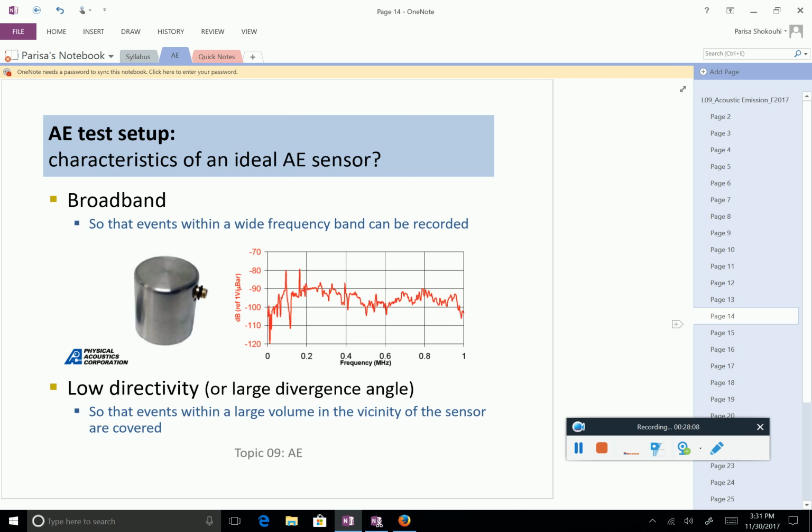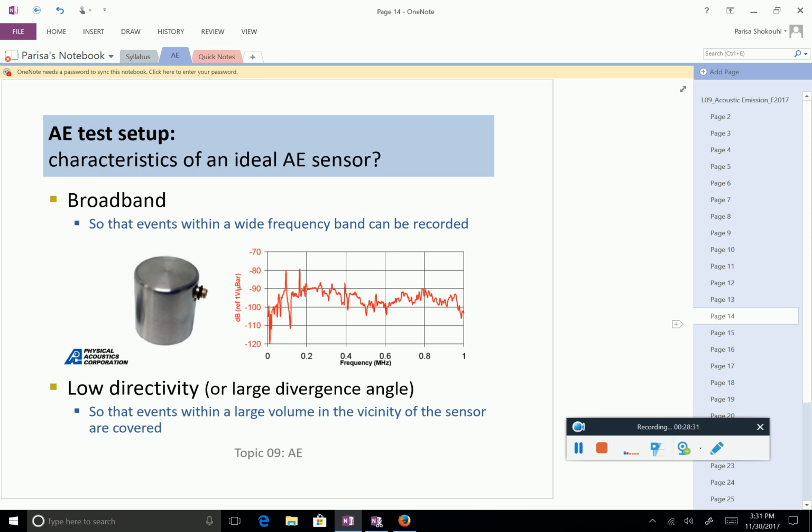The reason is you don't know the frequency content of the events that you may have because of a certain damage. So the best sensor would be one which has a flat spectral response over a long range. This goes all the way to 1 megahertz.